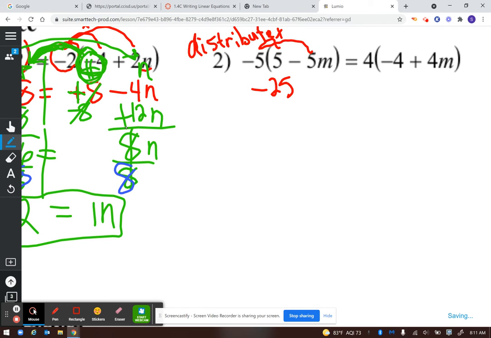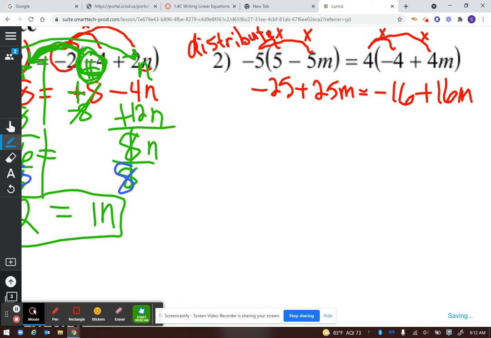Negative 5 times negative 5m is positive 25m. Now we have distributing on the right side. 4 times negative 4 is negative 16. 4 times positive 4m is positive 16m. Okay, that was step number 1.